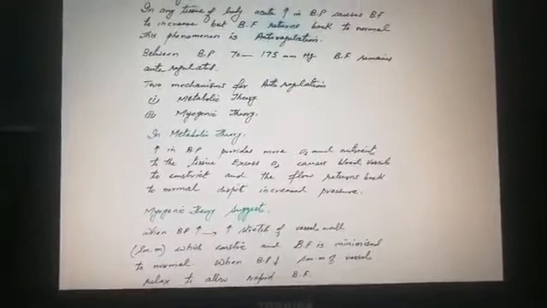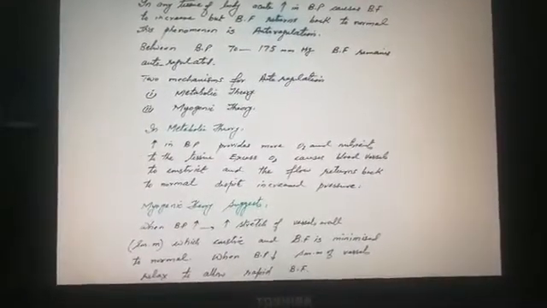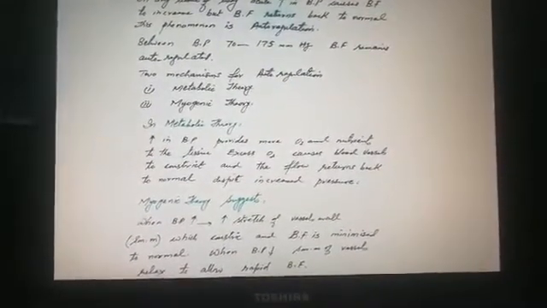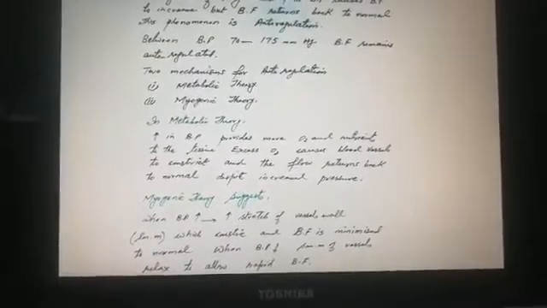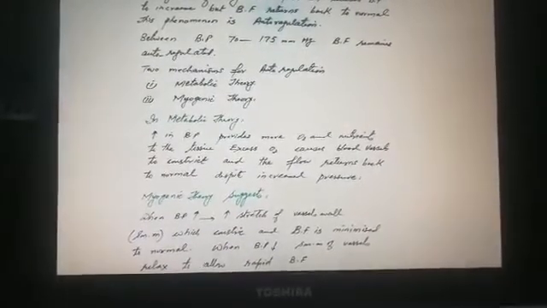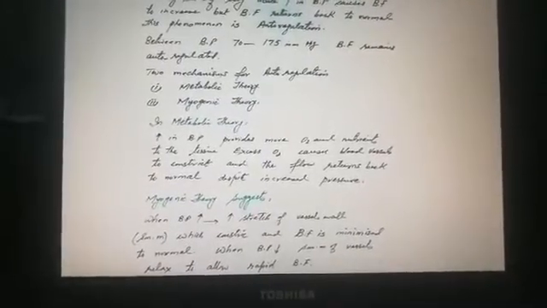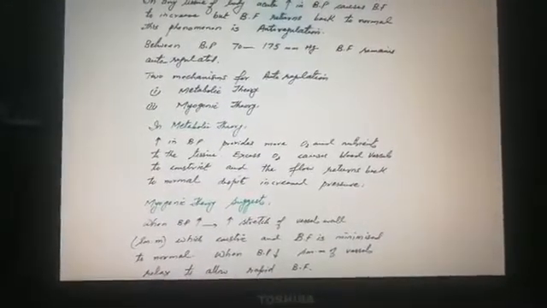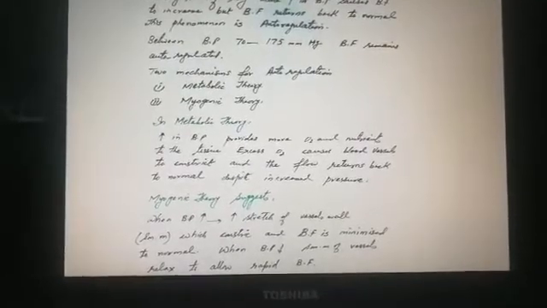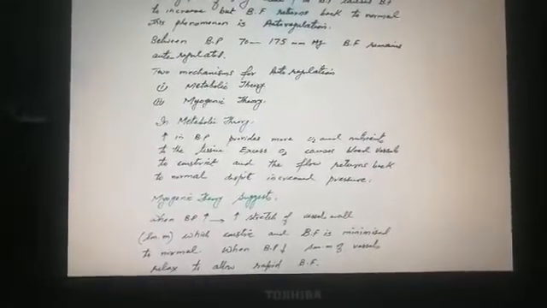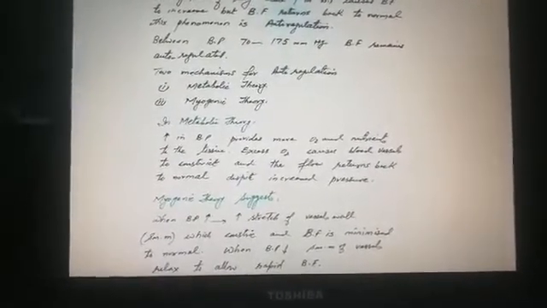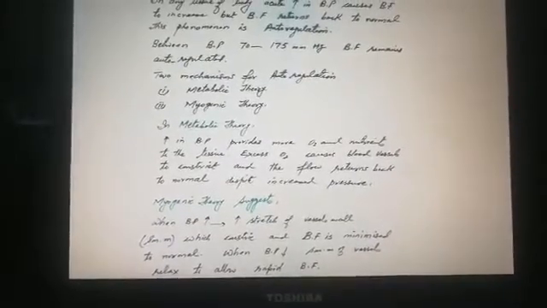Decrease means the blood flow returns back to normal despite increased pressure. And myogenic theory suggests when BP increases, the stretch of the vessel wall causes it to constrict, and blood flow is minimized to normal. When BP decreases, the smooth muscle of a vessel relaxes to allow rapid blood flow.